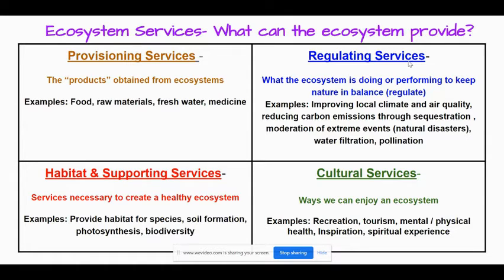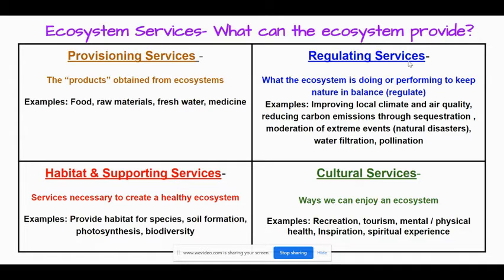This, I think, is one of the easiest ones to understand. When we think of provisions, those are products, things that we tangibly can get from an ecosystem. We can grow food in an ecosystem. There are lots of different types of raw materials.